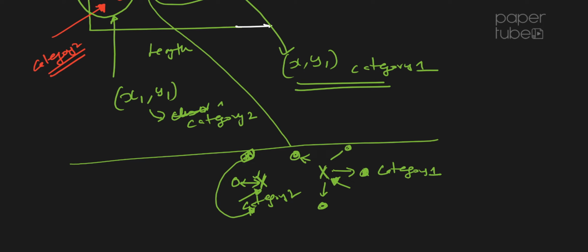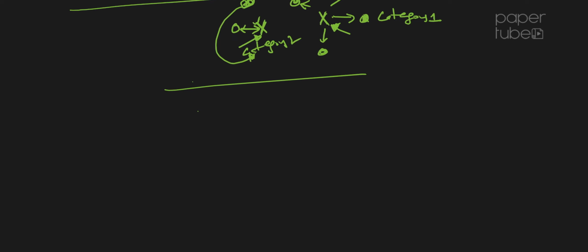And then again it recalculates the cluster center by taking the average of all the x and y in each category, and it keeps on repeating the calculations until there is no change in the value of the cluster center. So the x and y that belong to category 1, and the x and y that belong to category 2, should be the same over several iterations, then we stop the calculations.